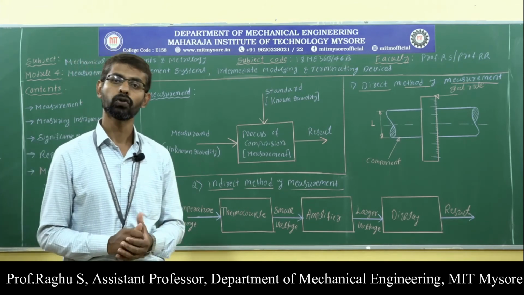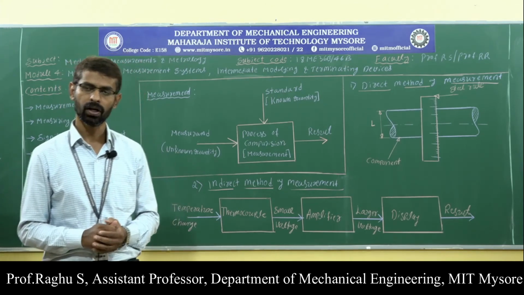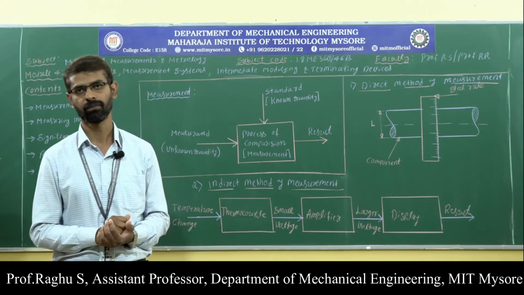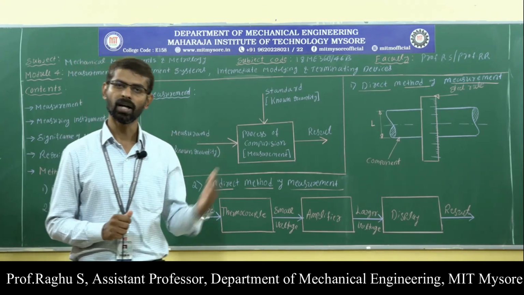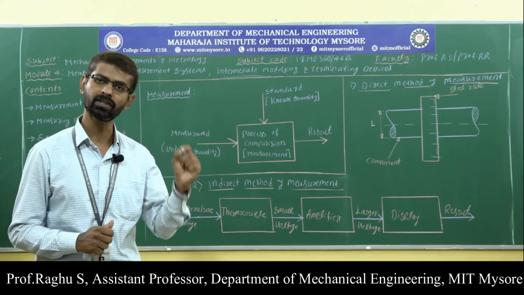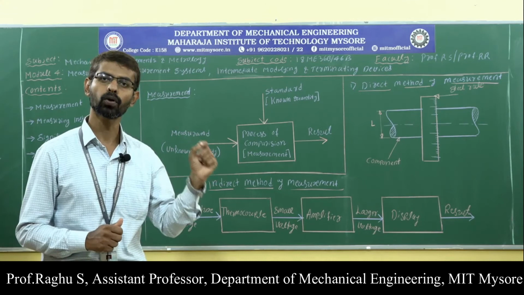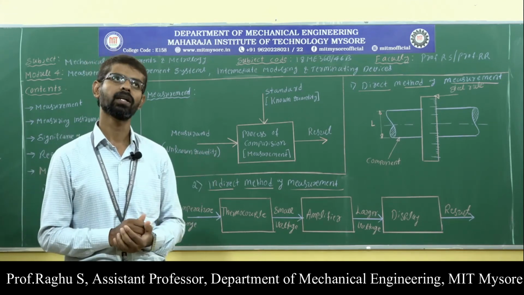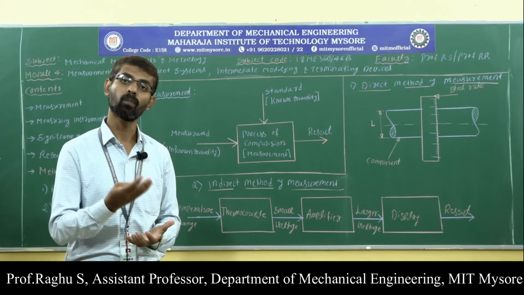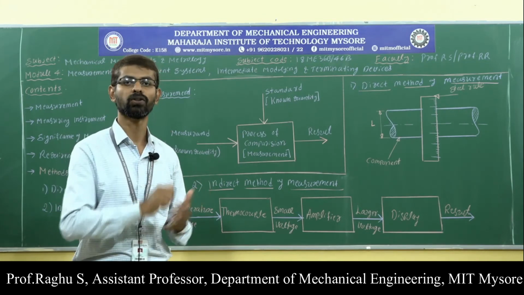Then measurement is used in commerce in order to estimate the cost of the products. Measurement is used to evaluate the performance of a plant or process. For example, in a thermal power plant, temperature and pressure can be monitored by measurement.